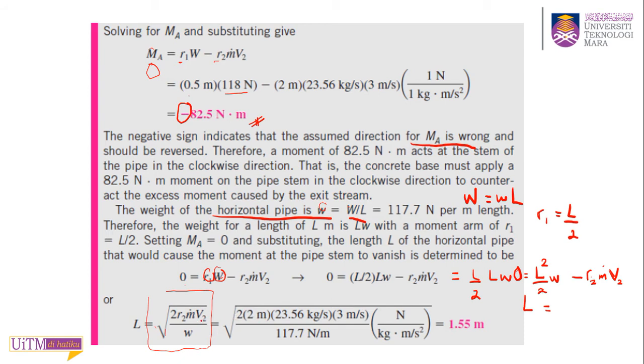You have all the values: your R2, 2 meter, M dot, and V2 over W. So this will give you the length to make sure the moment at point A is equal to 0. Okay, so this is one example for angular momentum.